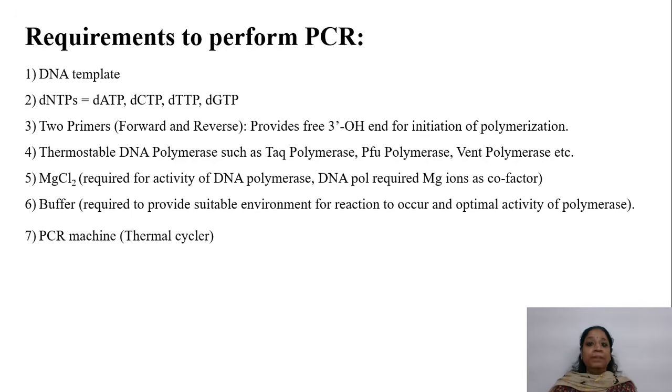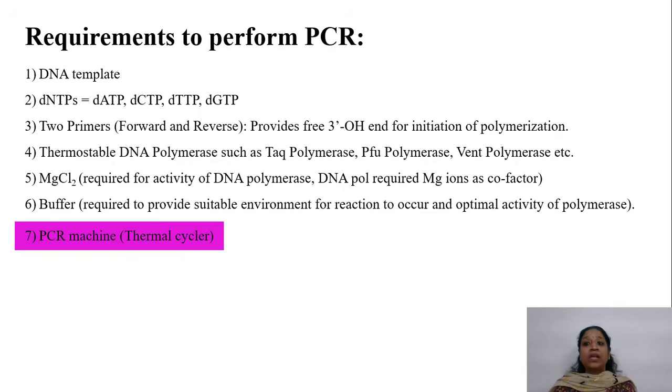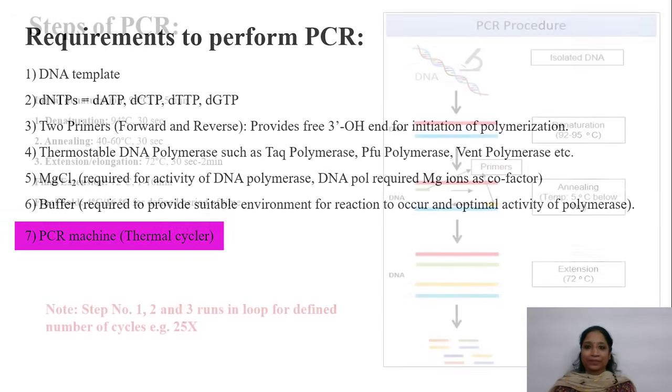Finally, we need a PCR machine, also known as thermal cycler. This machine automates the cycling of temperatures required for denaturation, annealing, and extension, making the whole process fast and efficient. With all these components in place, we can set up the reaction and start amplifying DNA. Each of these elements plays a crucial role in ensuring the reaction works properly.